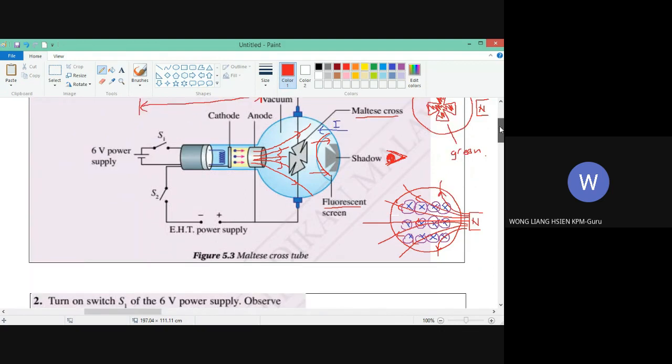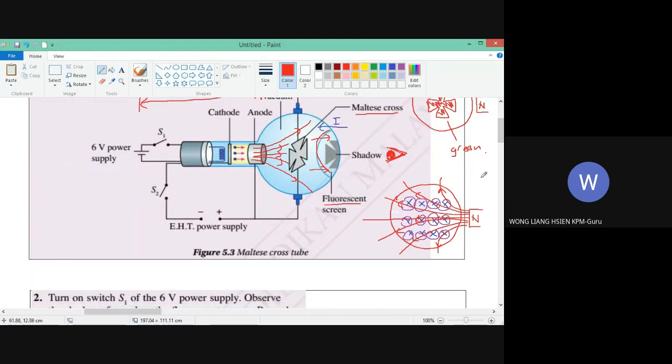If there is a catapult field, that means we will produce a catapult force. So by using Fleming's left-hand rule, we can find out the direction of the catapult force.